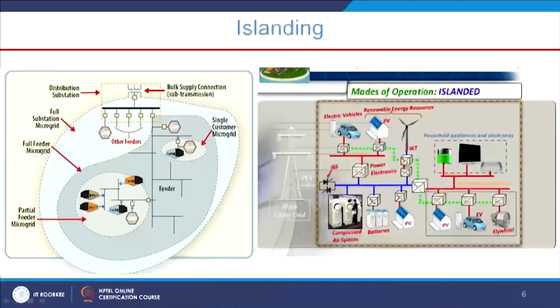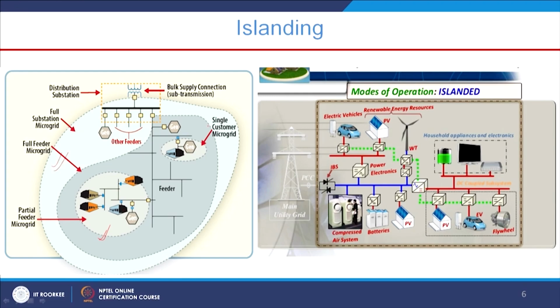We have different types of islanding depending on the system structure, or you can say the connection or planning of the system also decides different types of islanding, in what manner the system is present. If you look here, this is known as the partial feeder microgrid, because all the feeders are not present here. And here we have the full feeder microgrid.